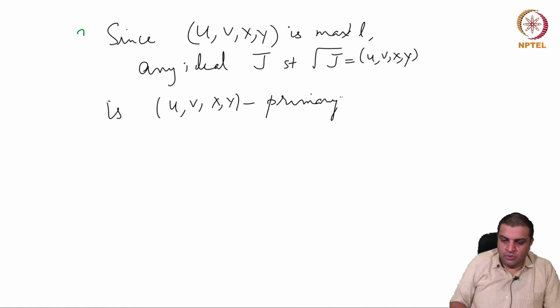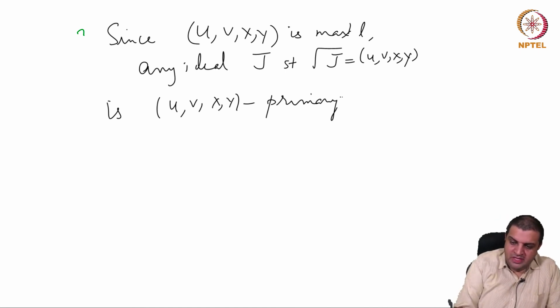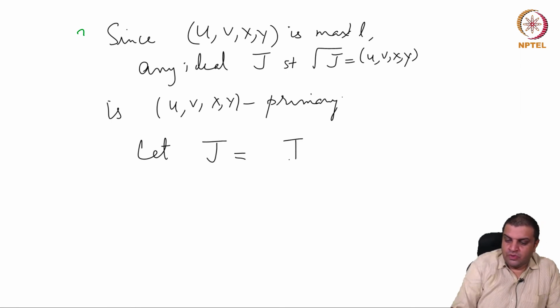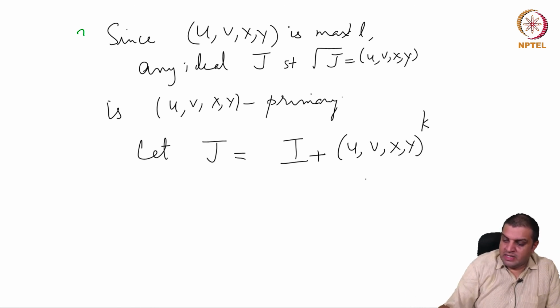So now what do we do? Well, we play a little trick, which is to let J be equal to I plus (u, v, x, y) to the k, where k is very large.